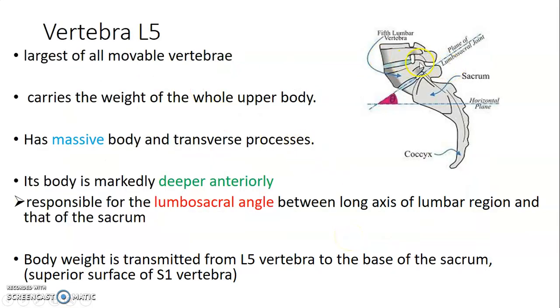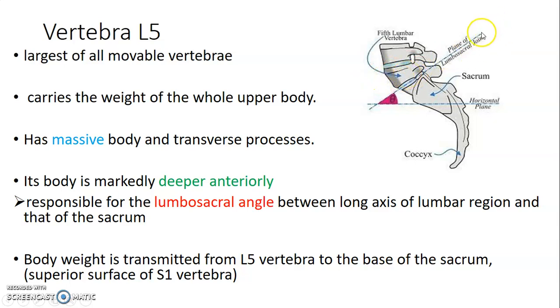So L5 vertebra specifically, this one here, the fifth, is the largest of all movable vertebrae, and it carries the weight of the whole upper body and transmits it to the sacrum. So it has a very massive body, and its body actually projects deeper anteriorly. Therefore, it's responsible for the lumbosacral angle.